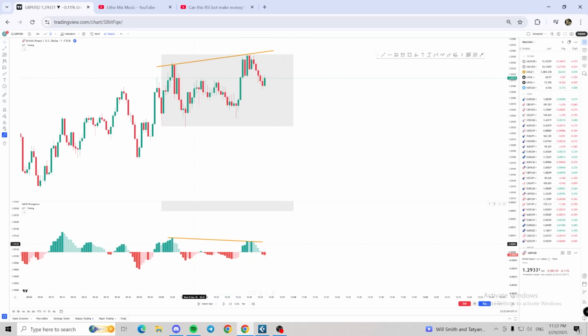But as I said, because of this green bar, that is no longer a legit setup for me. Okay, it has to be all red. So I won't take this setup just because it is in my rules, and if it goes either way, I don't care.